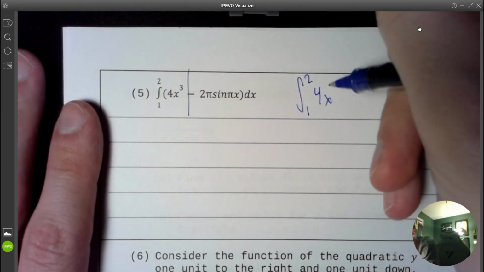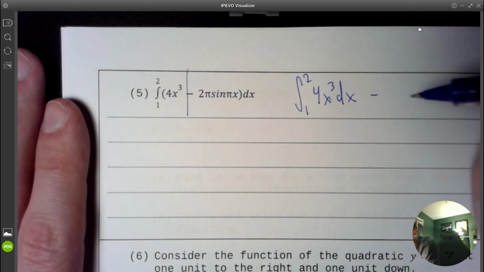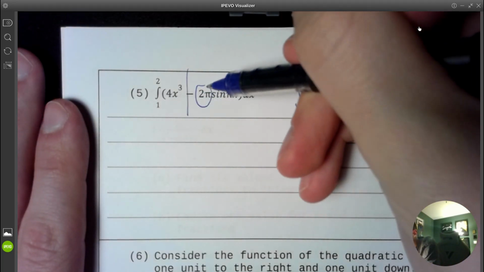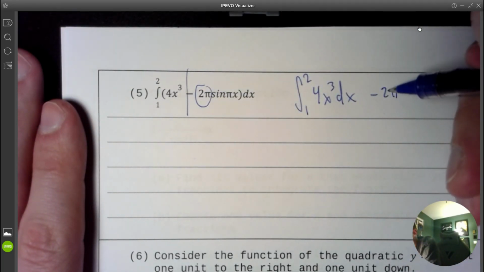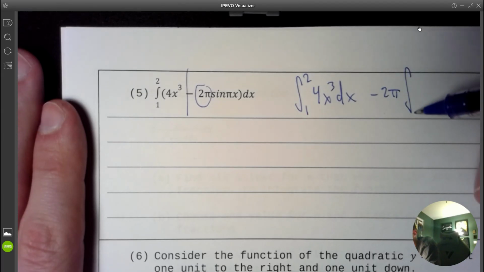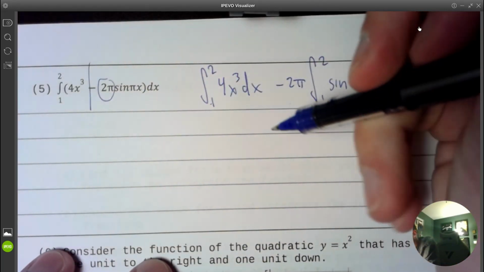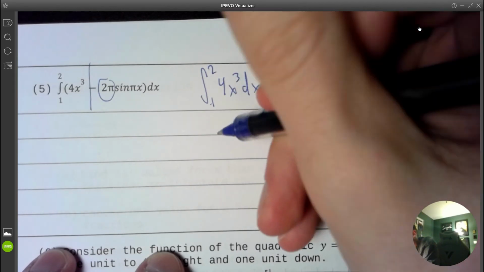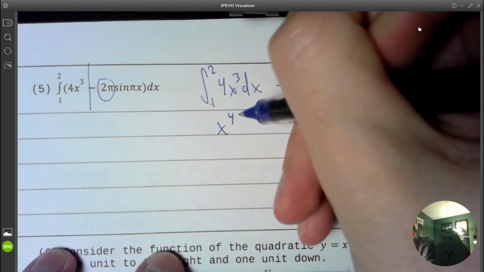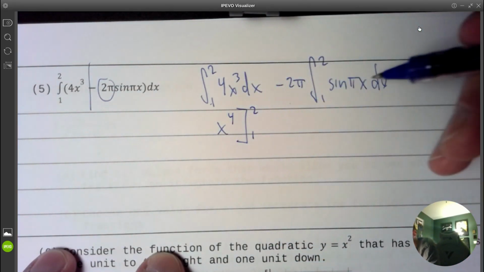The integral from 1 to 2 of 4x cubed dx minus, and this is also a coefficient, so I'm probably just going to put that outside as well, the integral from 1 to 2 of sine pi x dx. This one over here is so easy. 1 divided by 4, x power 4 from 1 to 2.